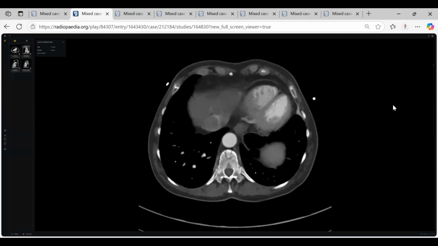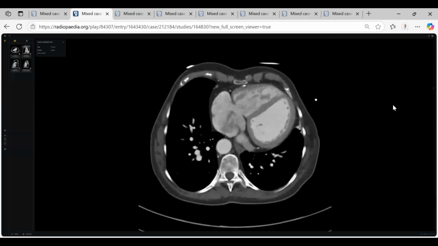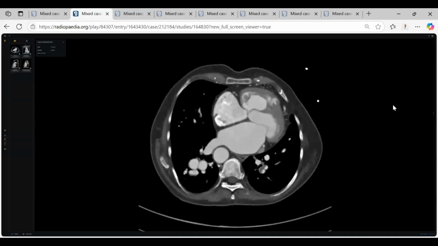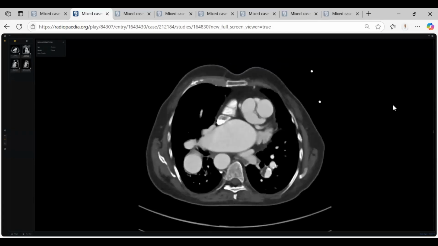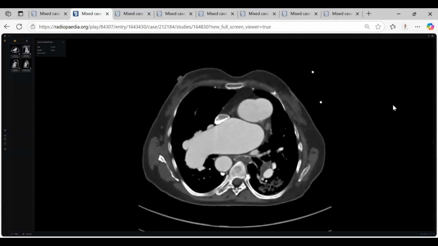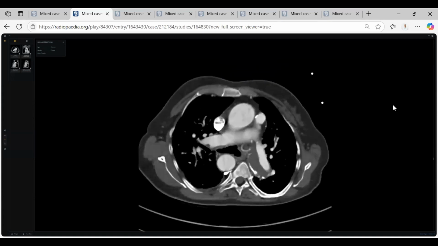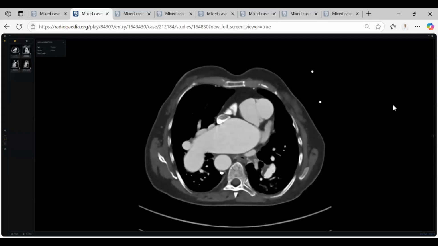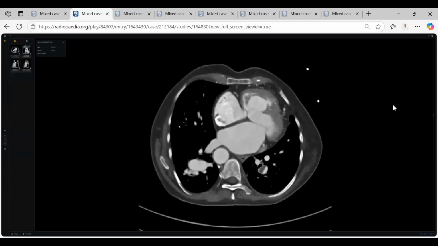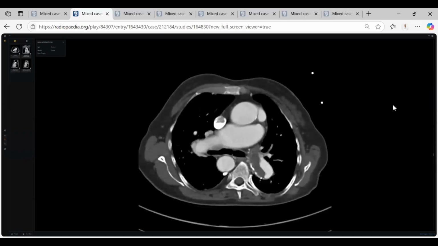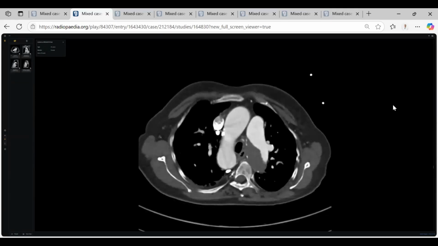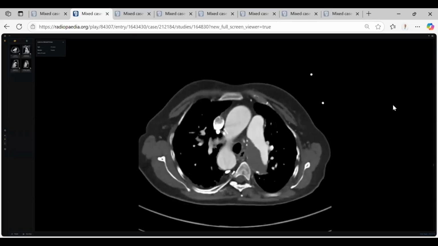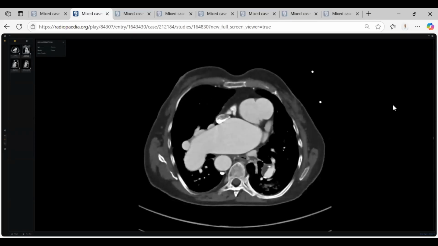So I just want to see the lung images again because there is a large vascular channel there. Bilateral pulmonary arteries are enlarged in size. There is a right-sided aortic arch. And there is an aneurysm on the right.